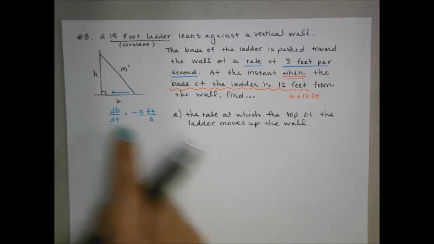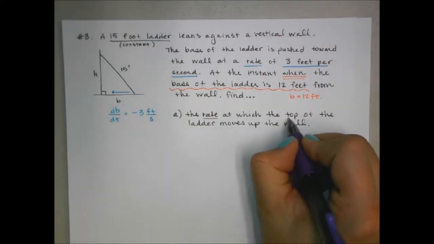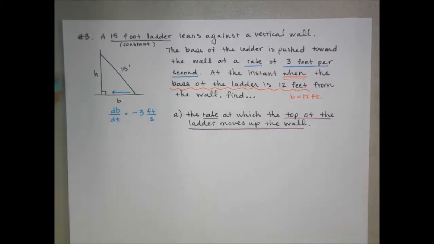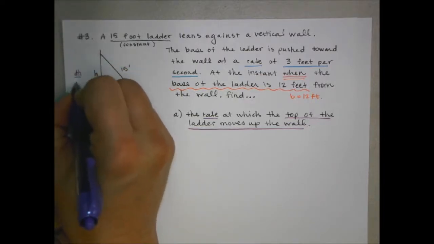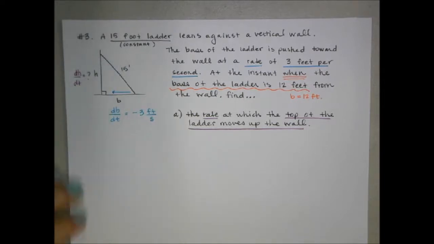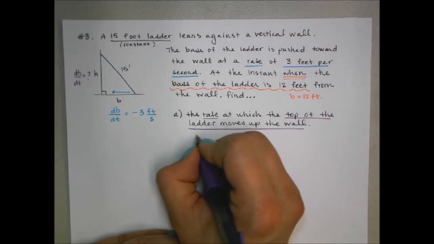My side here is labeled as H, so the top of the ladder moving up the wall is given by dH/dt. That's what we're being asked to find, and it should be a positive value since H is getting bigger with time.